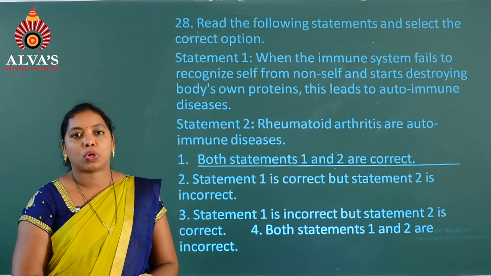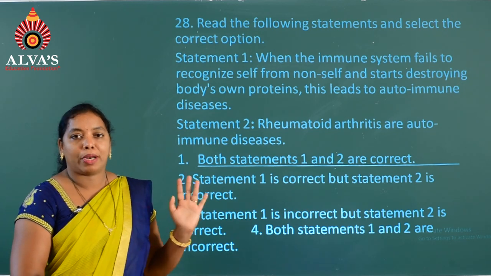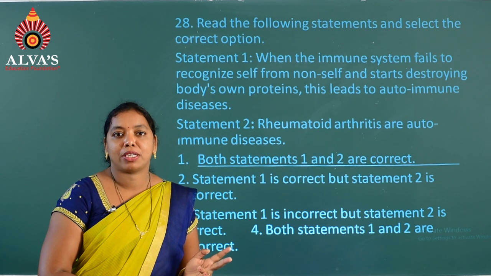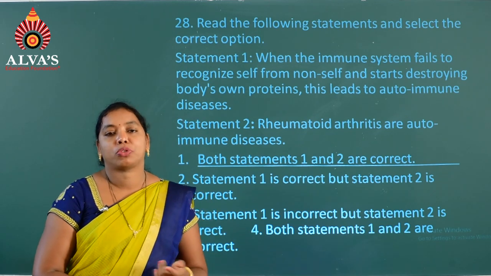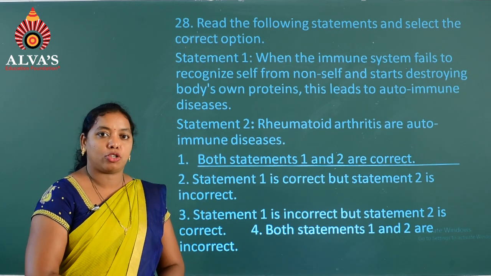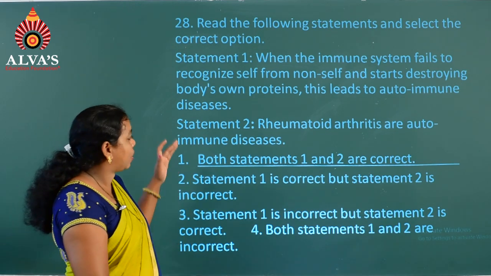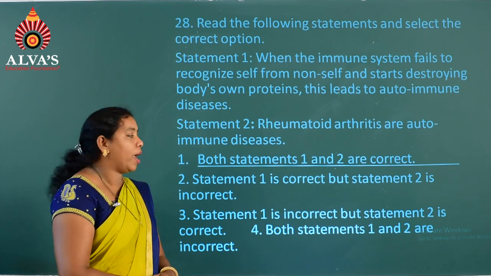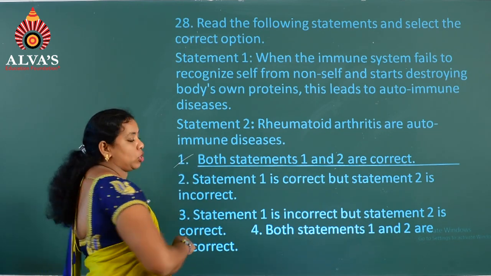That condition is called autoimmunity. Rheumatoid arthritis, myasthenia gravis, and Hashimoto's thyroiditis are some examples of autoimmune disorders. Both the statements given here are true, hence the answer for this question is the first option.